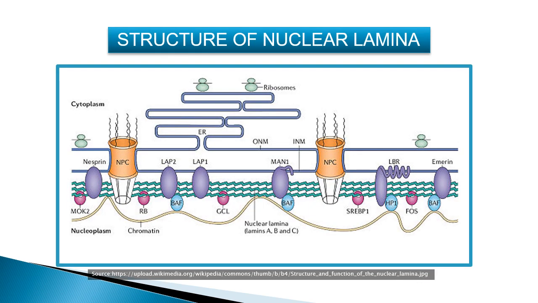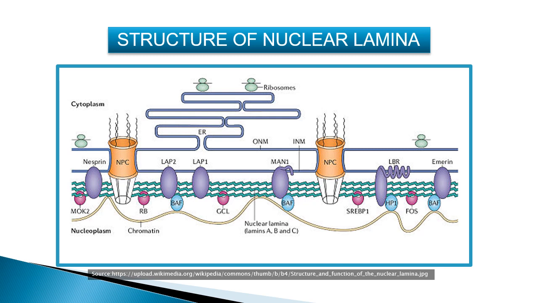Nuclear lamina consists of two components, lamins and nuclear lamina-associated membrane proteins. The lamins are type 5 intermediate filaments which can be categorized as either A-type or B-type.